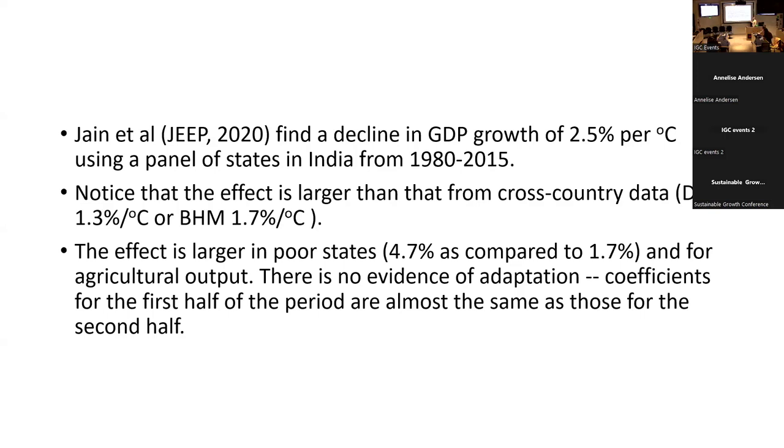They also find a larger effect for states with an above-median share of agricultural output. Then they break the period into two, and they don't find that the effect is smaller in the second half than in the first half.